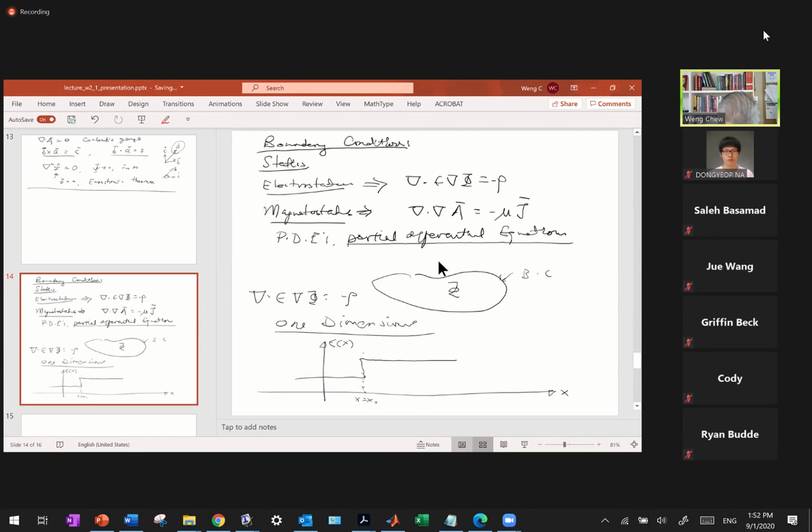If we solve the problem for phi 1 and phi 2 in these two domains, region 1 or domain 1, and region 2, we can quite easily obtain the solutions in each region, but we have to solve them together using boundary conditions. So let's address the issue of what the boundary condition should be.